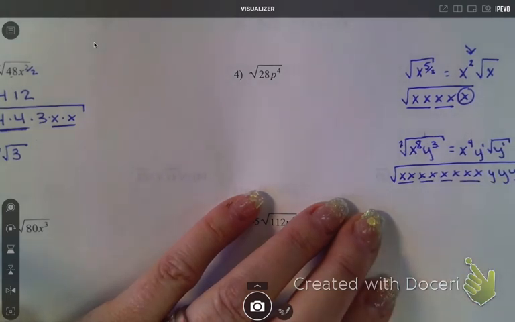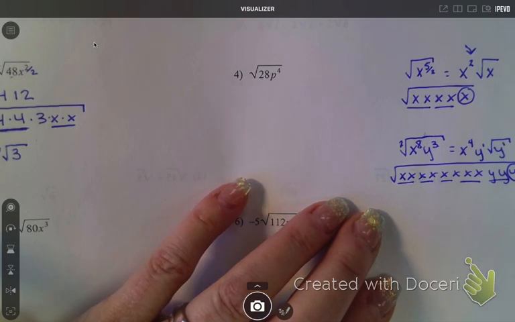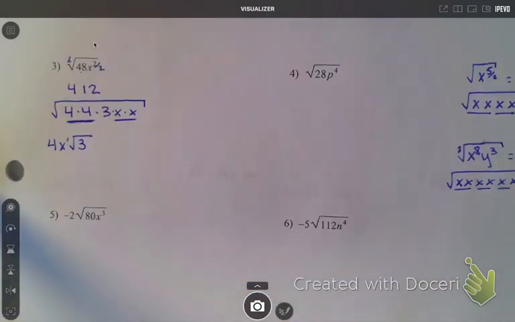So x to the fourth, because x times x times x times x would be x to the fourth, right? And 1 pair of y's. And what's left over? 1 y. Make sense? Now, you could write it all out like that if you'd like, or you could just divide it. So let's look at 5.